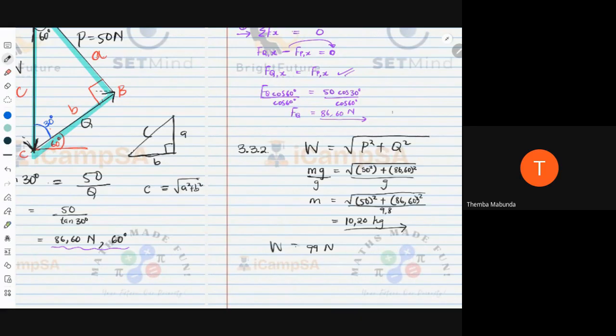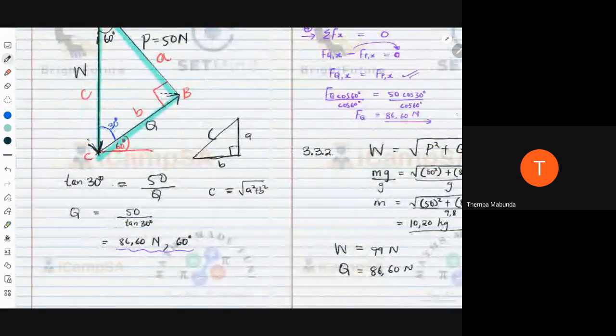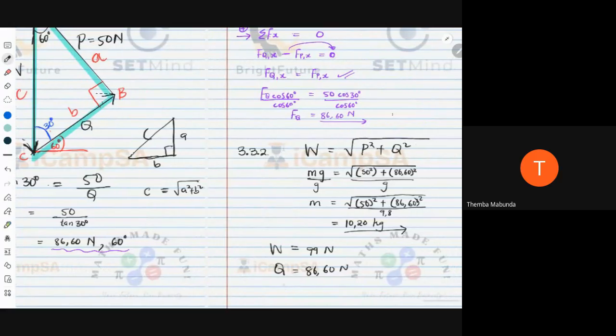So W is 99, Q is 86, while P is 50. So we can't use this because this is the weight. We know for sure that these are the tensions. So yes, the answer is Q.